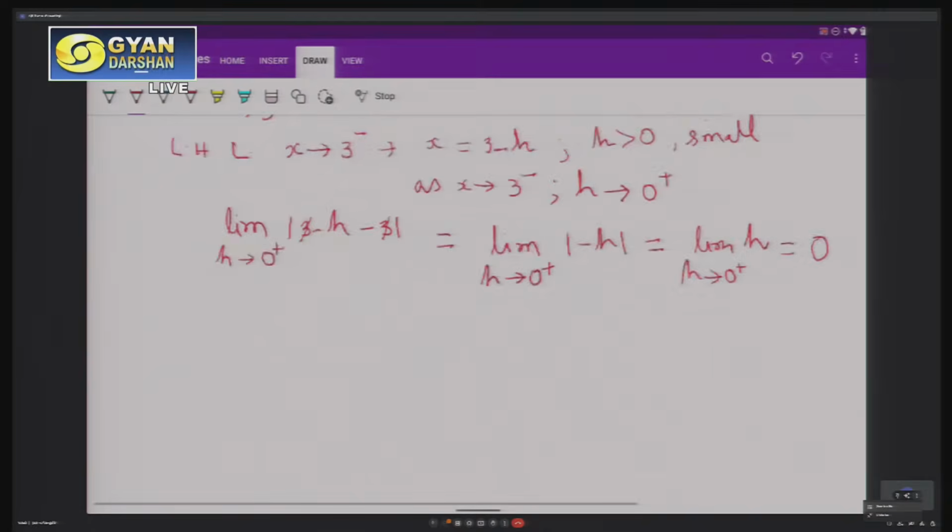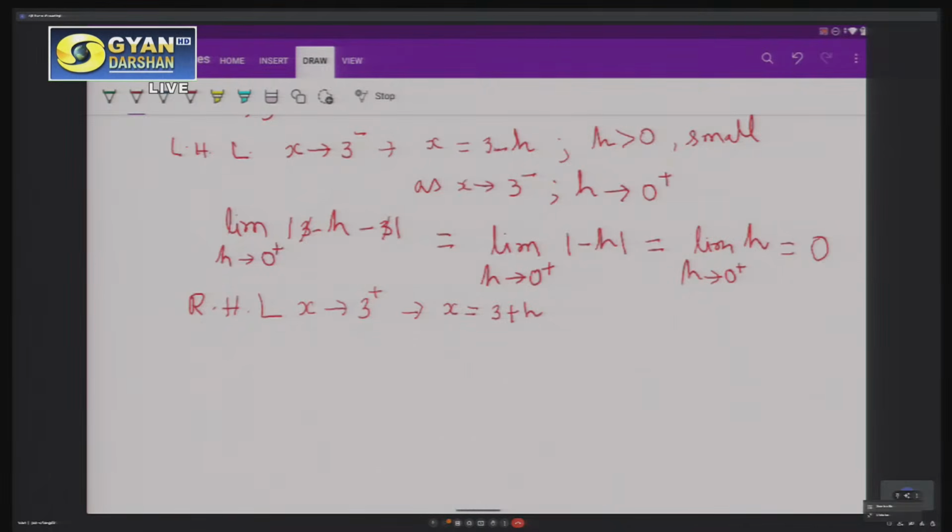Now let us take right hand limit, in which x will approach 3 from the right side, 3 plus. So let us take h such that x is equal to 3 plus h.